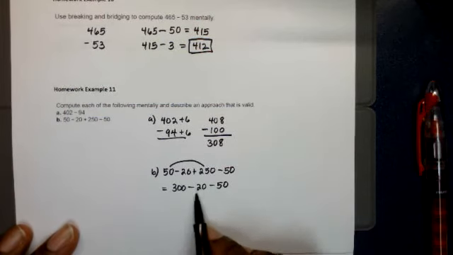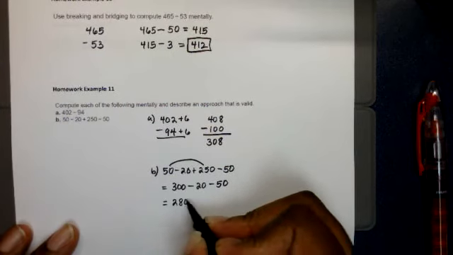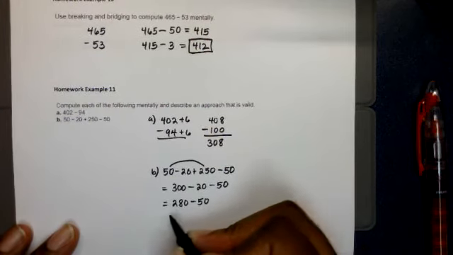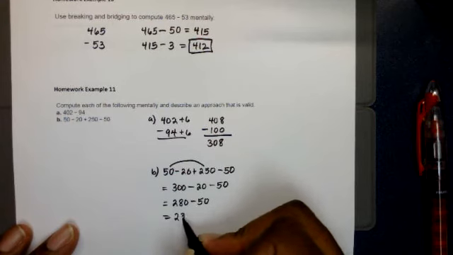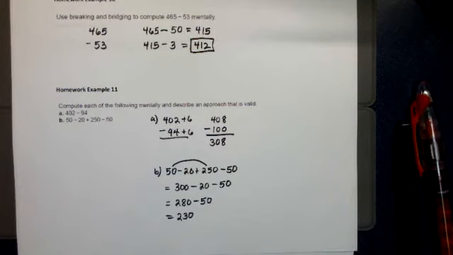Well, if I do 300 minus 20, that would be 280, and then subtract 50 more from the 280, that would end up being 230. So the final answer there will be 230.